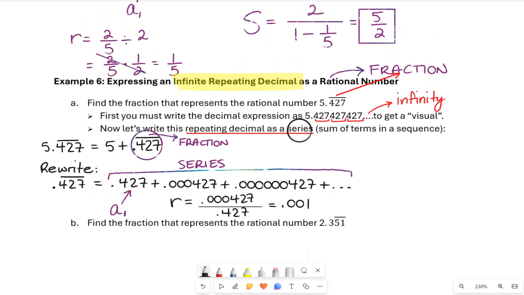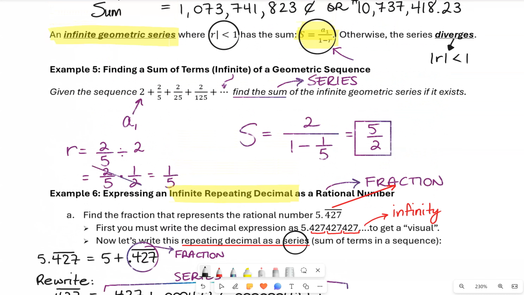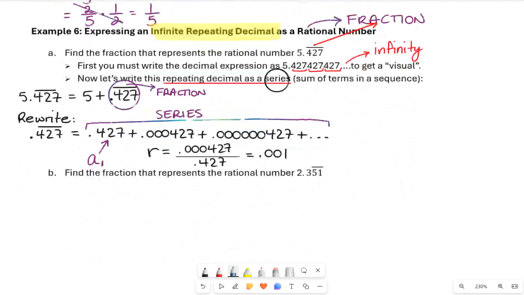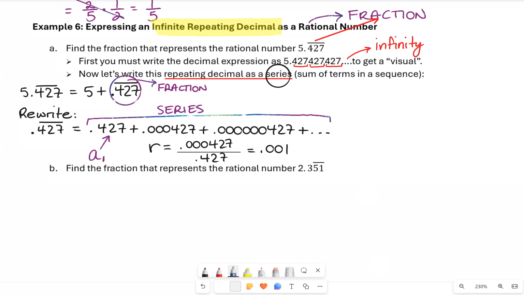Is my R less than 1? Because up here, they told us the R has to always be less than 1. If it's not less than 1, then I cannot use the formula. But 0.001 is definitely less than 1, so I can use the formula.